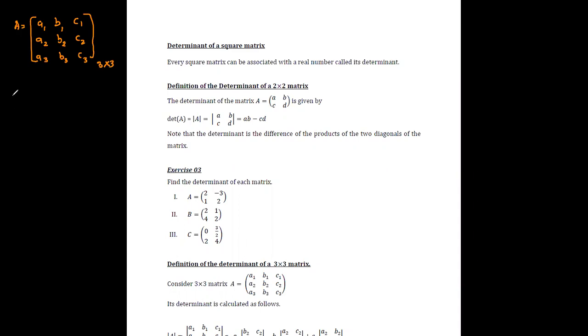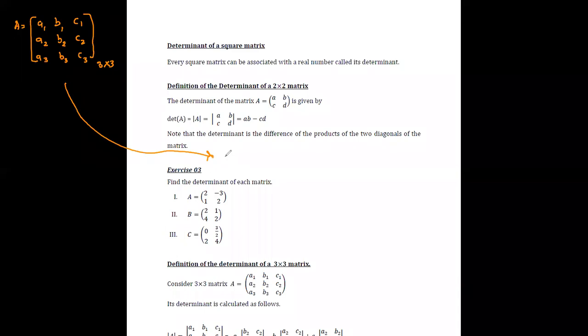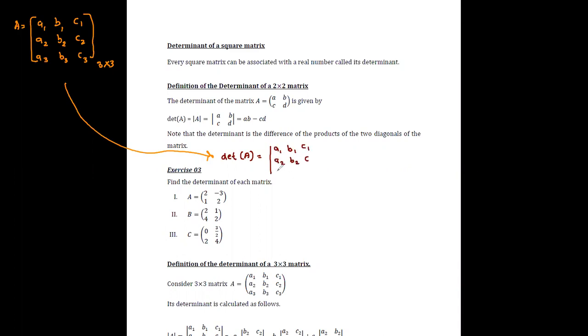To identify the determinant of this 3 by 3 matrix, we can write it in this way. If I need to obtain the determinant of this matrix A, I can write determinant of A, and first write down the elements inside the notation: A1, B1, C1, A2, B2, C2, A3, B3, C3.